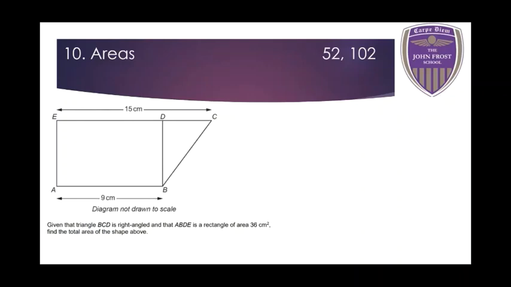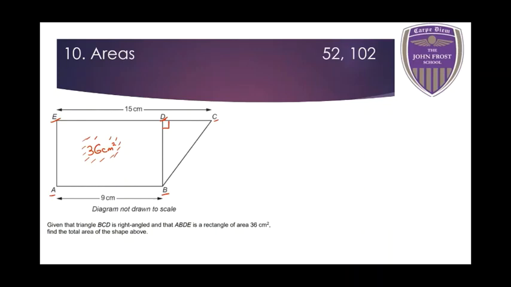Given that the triangle BCD is right angled, so we're told that this is a right angle here, and that ABDE, that is A, B, D, and E, is a rectangle of area 36 centimeters squared. Okay, so we know the area of this is 36 centimeters squared. Find the total area of the shape above.